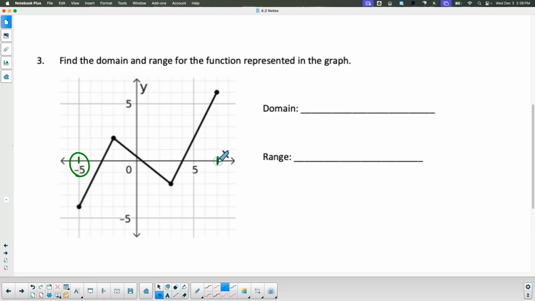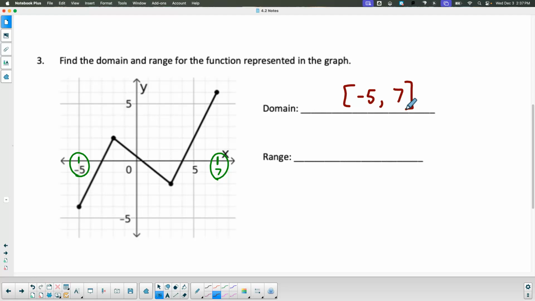That would be over here at 5, 6, 7, right? Okay. And we've got filled in holes on both of those, yes? So that means that we're going, yes, exactly, 6, 7, okay? So we would be from -5 with a bracket to 7 with a bracket.